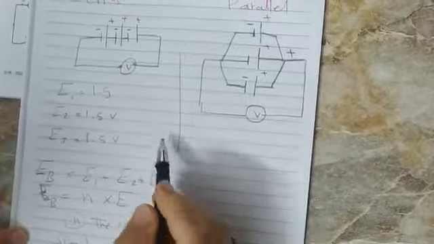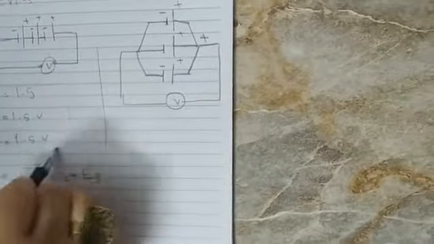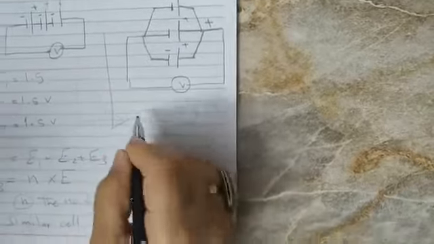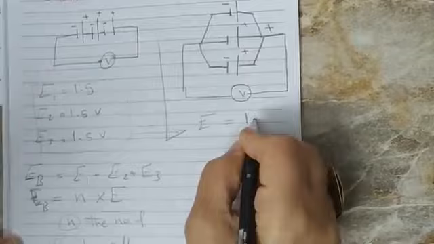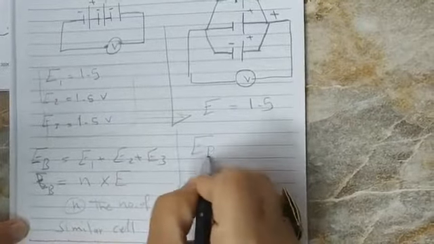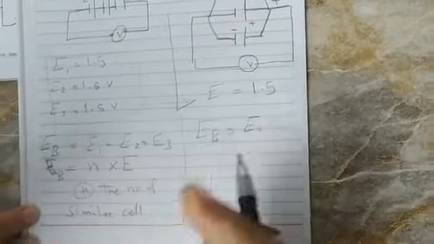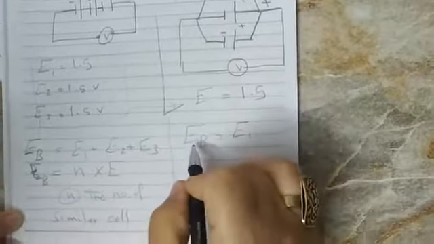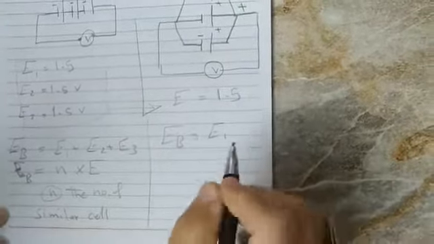While in parallel, if we have three cells also, each one of them has an electromotive force equal to 1.5. E battery equals E1 only. It means the electromotive force of the battery equals the electromotive force of only one cell.